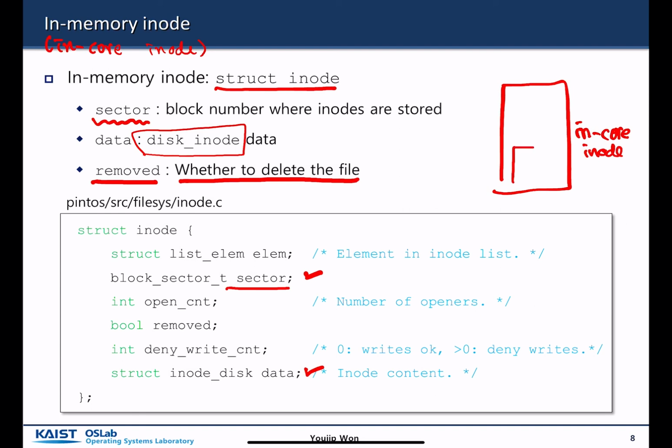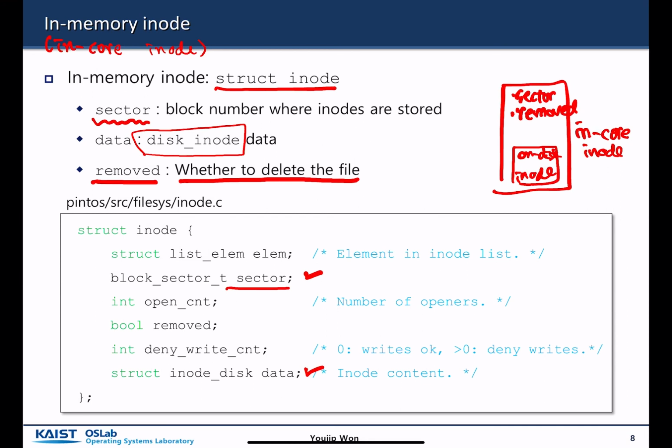It harbors the on-disk inode. This is the on-disk inode. And it contains a sector, which represents the location of the inode on the disk. And then it contains a flag called removed to denote whether a file has been deleted or not.